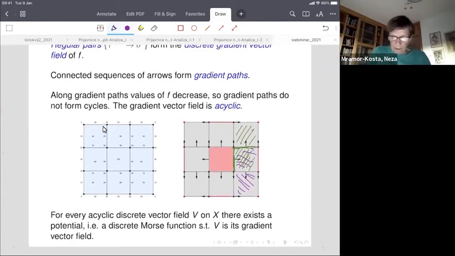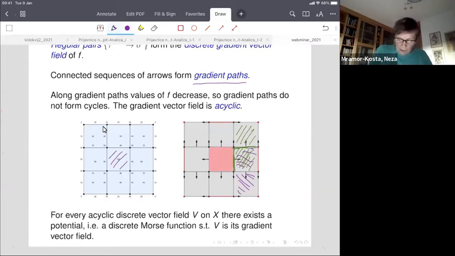But one thing we notice immediately is that if you look at the function values along one of the gradient paths, they have to decrease, because the function values decrease from a cell onto its edges, except if we have an arrow pointing into the cell.